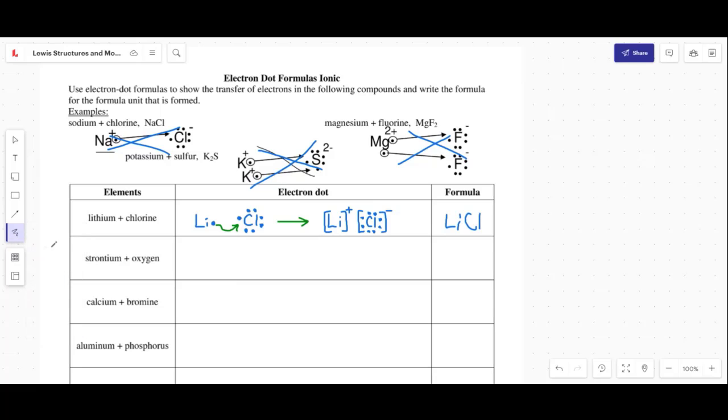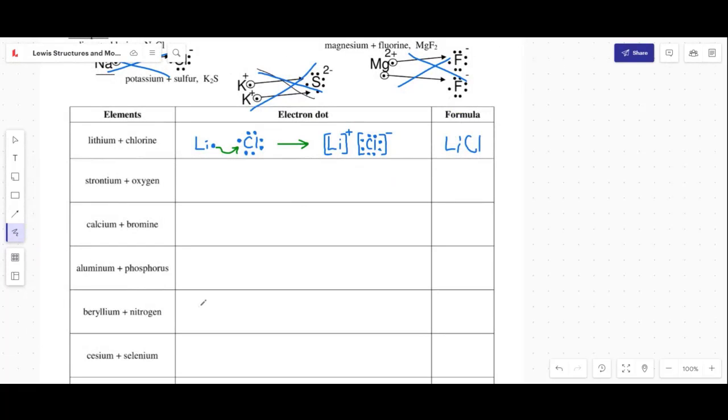Let's skip down to one that's a little bit more complex, like aluminum and phosphorus. So aluminum, of course, is Al. How many valence electrons does aluminum have? Yeah, 3.